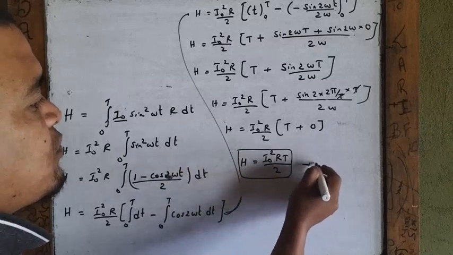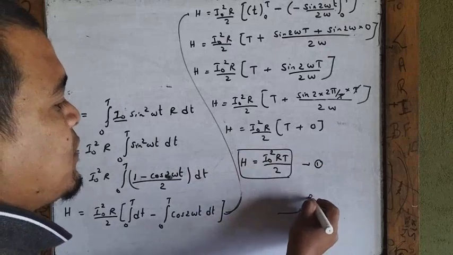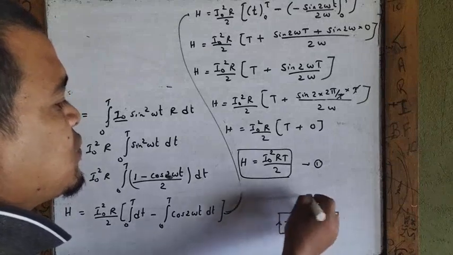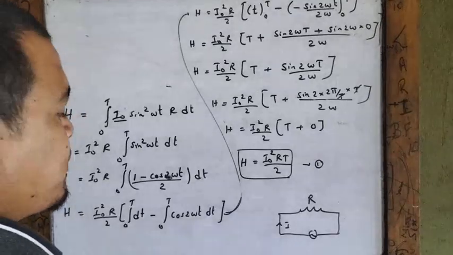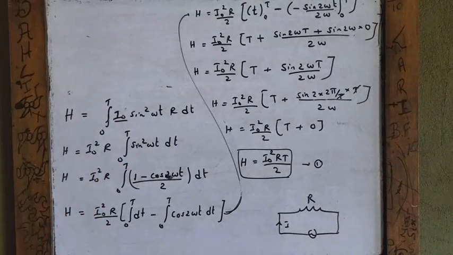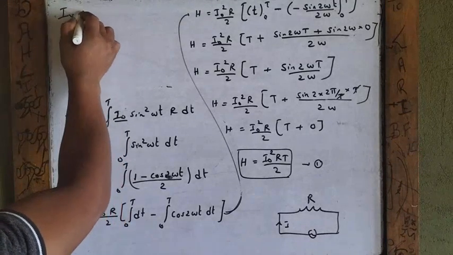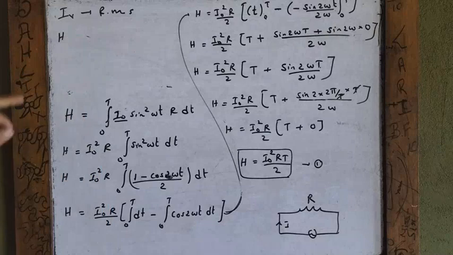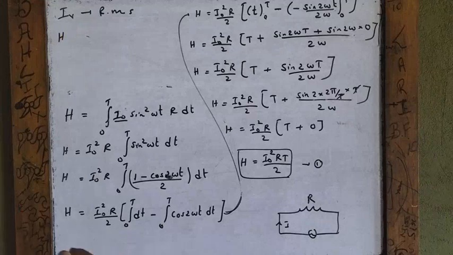This is the heat produced in this resistance capital R when the current I is passing through this R. Now, if I_v is my root mean square value, then the heat produced in this resistance over one complete cycle, if you use the current as I_v, we know I_v is like a direct current. So if it is a direct current, then the heat produced will obey Joule's law, right?